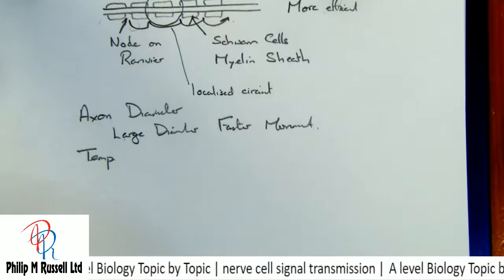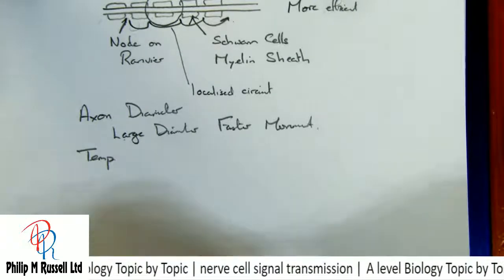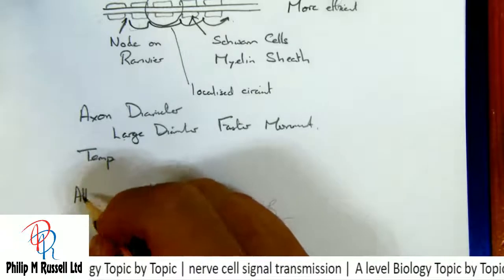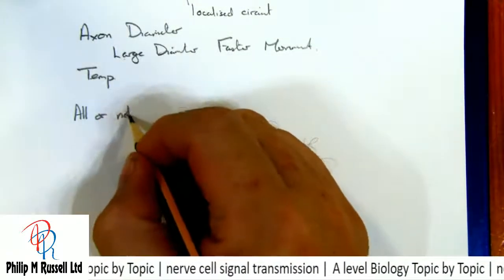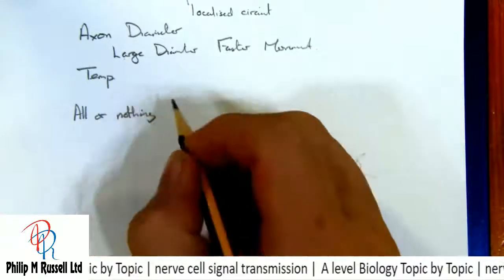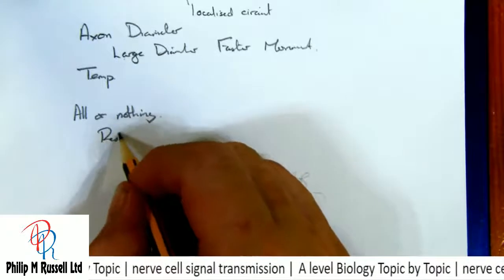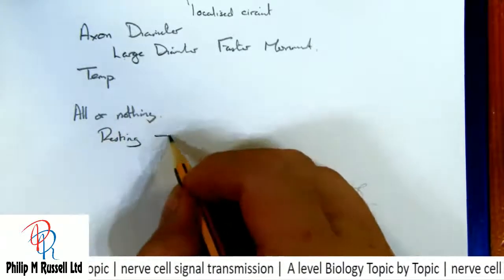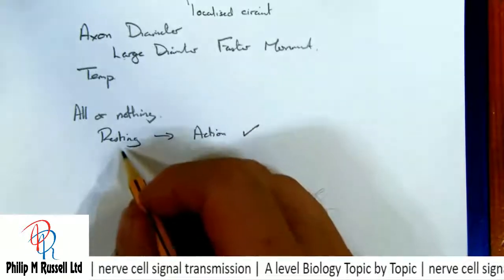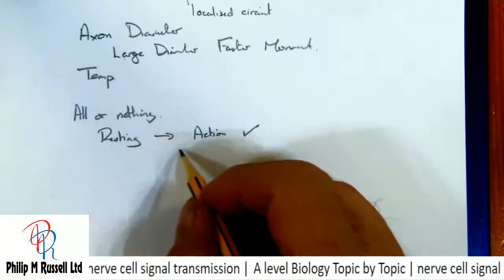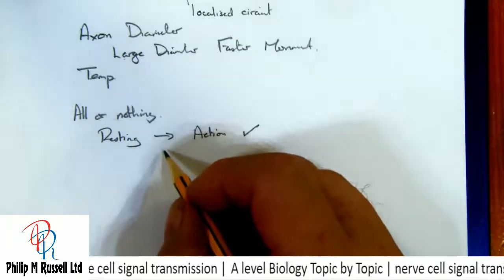So we think of this nerve system as an all or nothing system. I put a stimulus in. If it's large enough to turn a resting potential to an action potential, then it works. If the resting potential doesn't do that, then nothing happens.